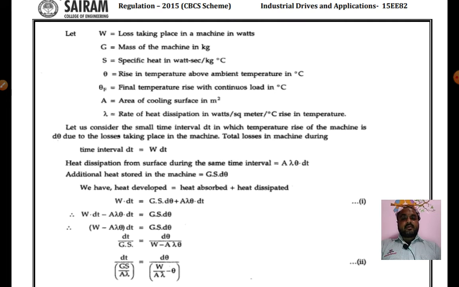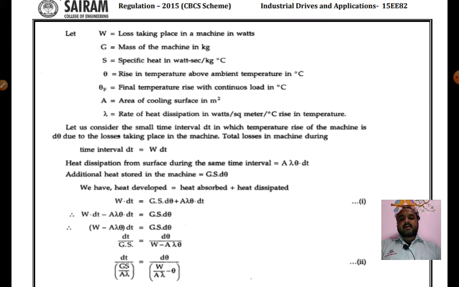Theta F is equal to the final temperature rise with continuous load in degree centigrade. A is equal to the area of cooling surface in meter square, and lambda is equal to the rate of heat dissipation in watt per square meter per degree centigrade rise in temperature.